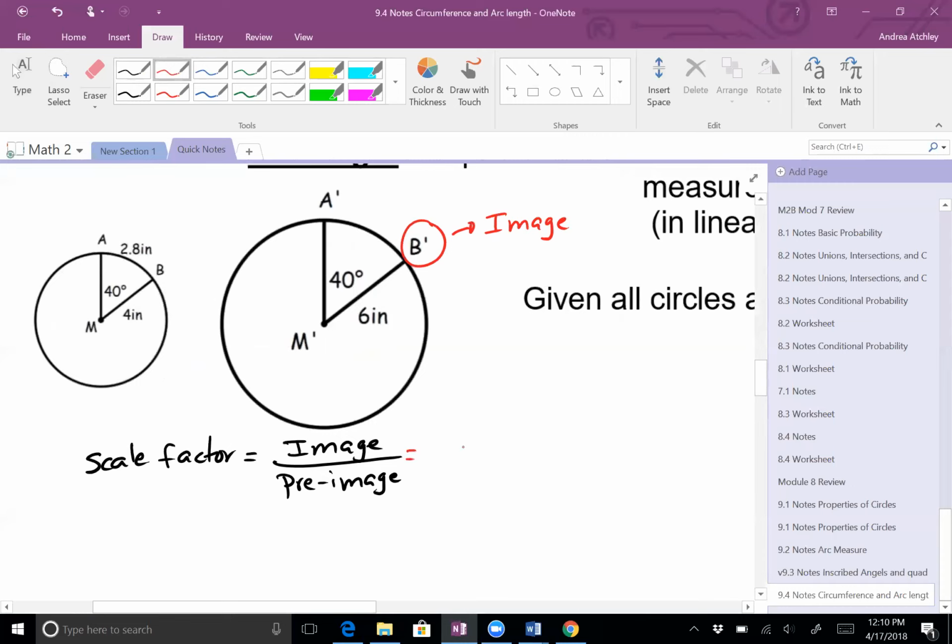So we have our radius of 6 goes on top, over the radius of 4 on the bottom for the pre-image. They can both be divided by 2 to get 3 over 2. So the scale factor is 3 over 2.